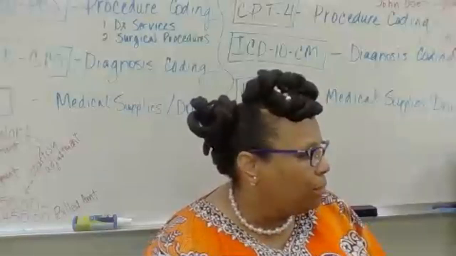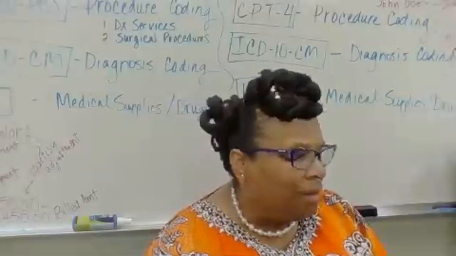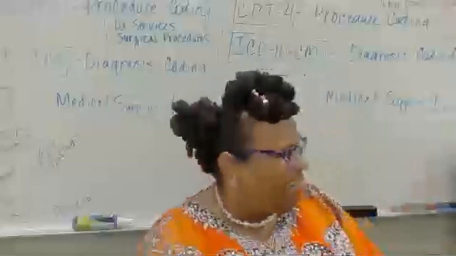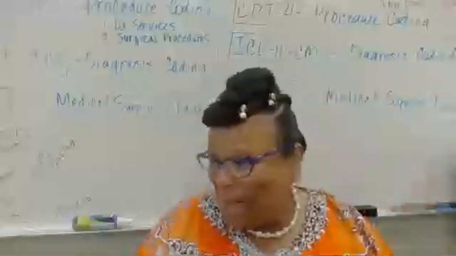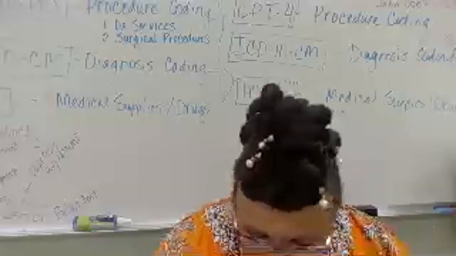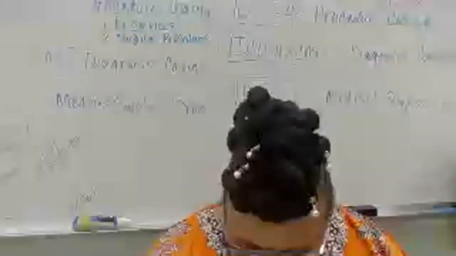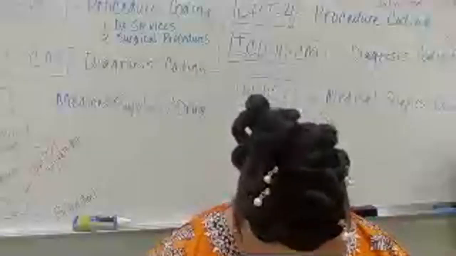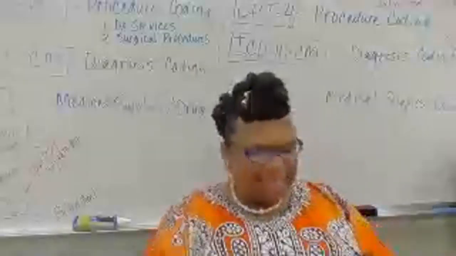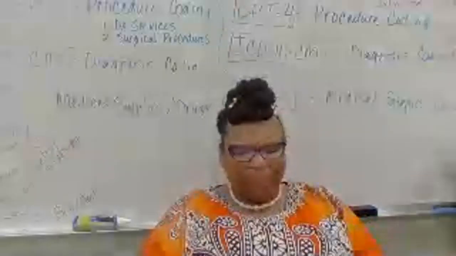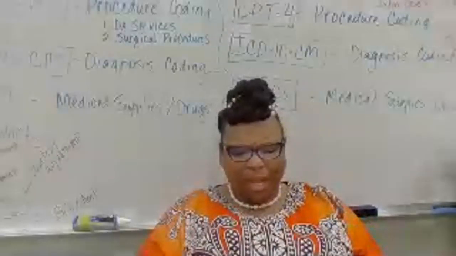So if we add 27 plus 63, what does that give us? Does it give us $90? Okay, it gives us $90. Do you see how they base the copay out of the allowed?